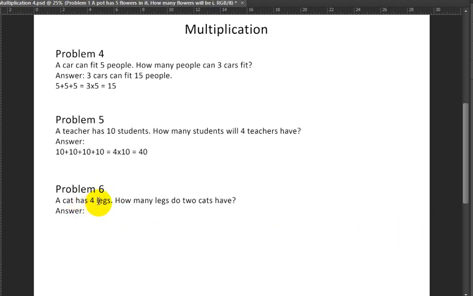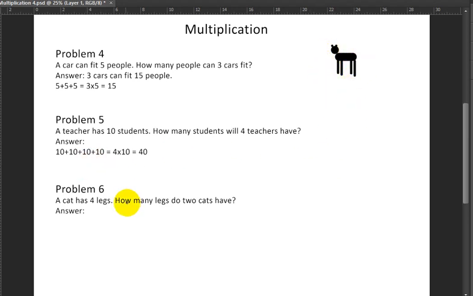Next up, we have a problem that says that a cat has 4 legs. How many legs do 2 cats have? Well, here's one cat with 1, 2, 3, 4 legs.